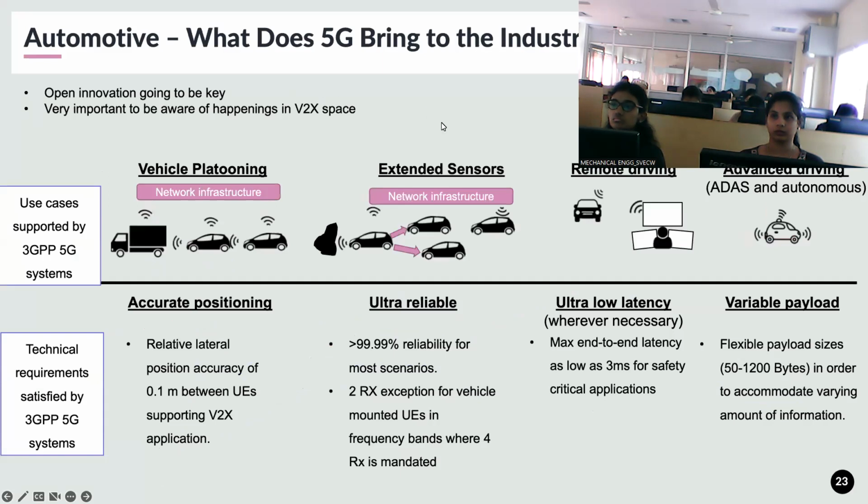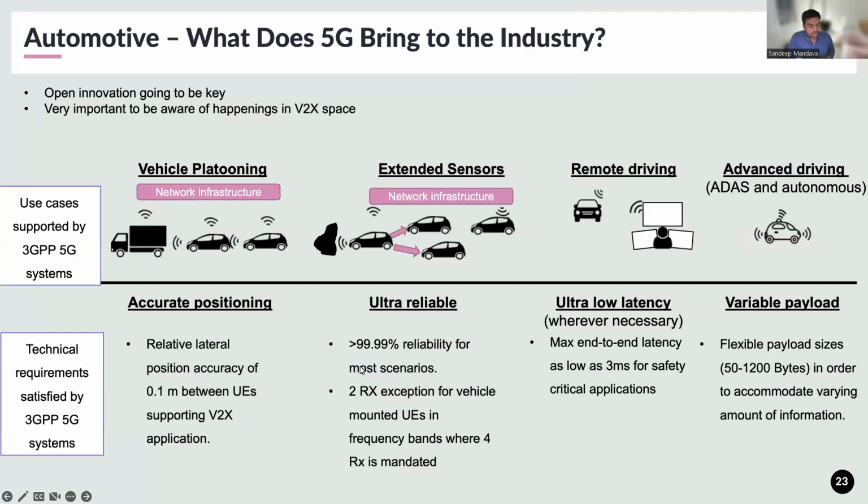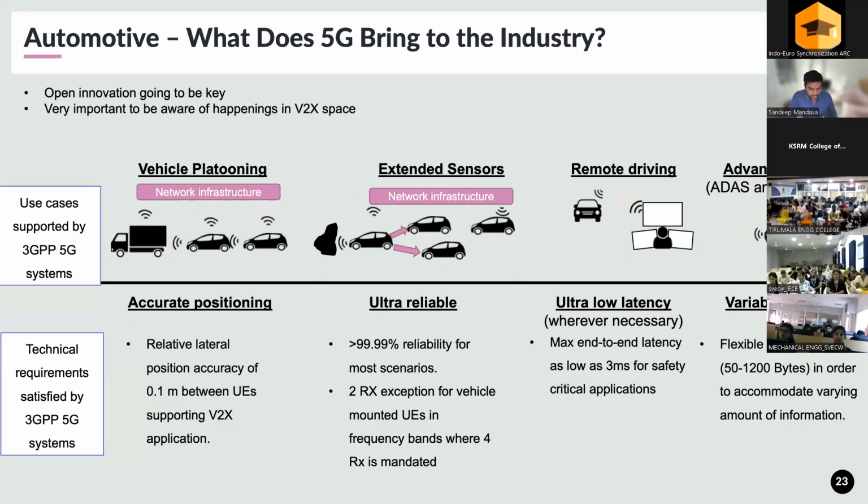The interesting part is V2X, vehicle to everything. In 4G, like I said, you have it primarily for multimedia or infotainment purposes. But what it could actually enable is a car talking to another car.